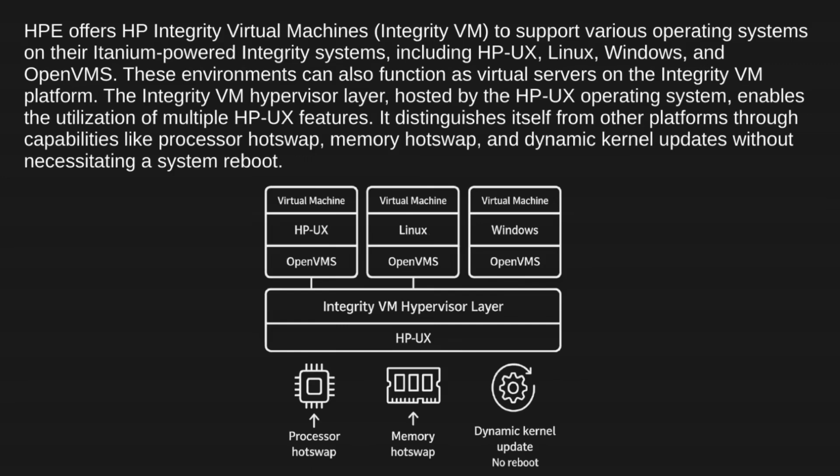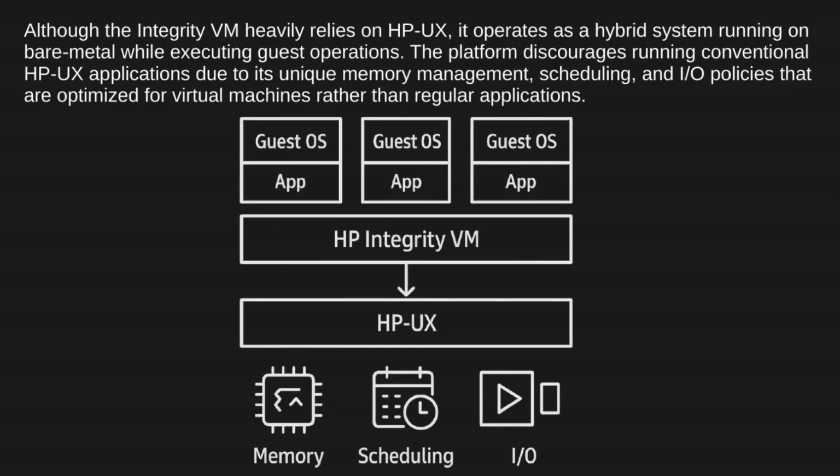It distinguishes itself from other platforms through capabilities like processor hot swap, memory hot swap, and dynamic kernel updates without necessitating a system reboot. Although Integrity VM heavily relies on HP-UX, it operates as a hybrid system running on bare metal while executing guest operations.